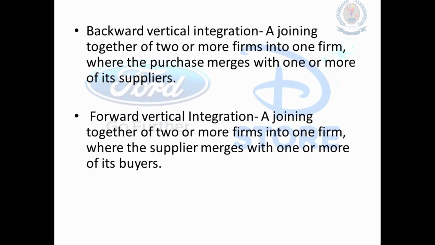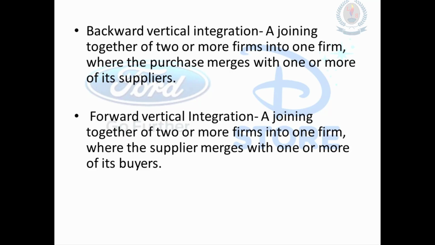Under vertical integration, we are talking about backward vertical integration and forward vertical integration. Backward vertical integration involves a purchase of one of its suppliers, such as a drinks manufacturer buying a bottling manufacturer or a car manufacturer buying a tire company.